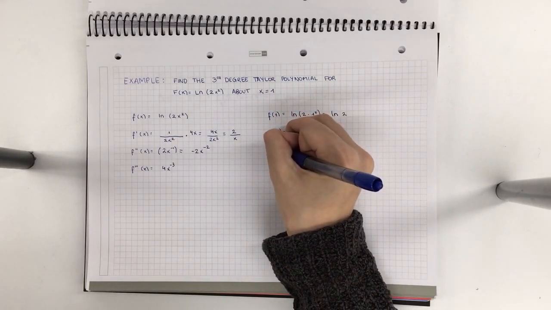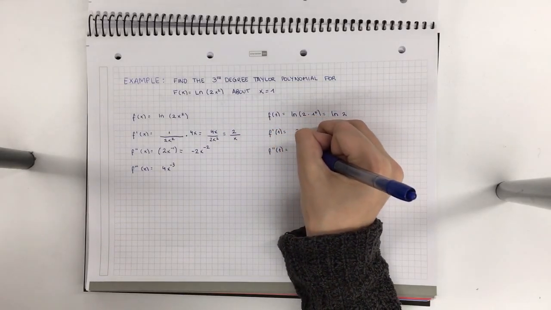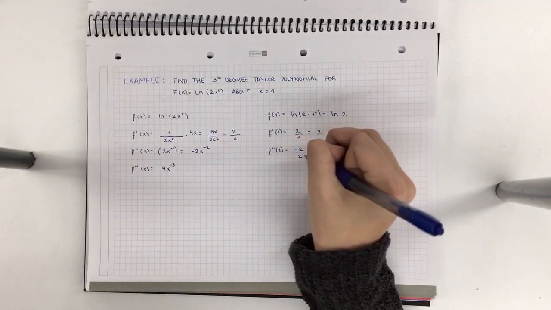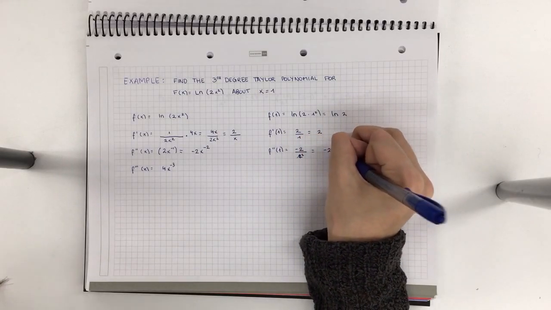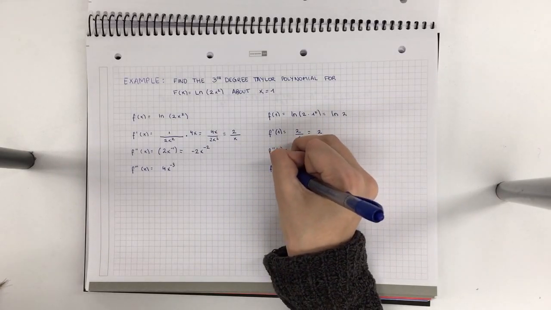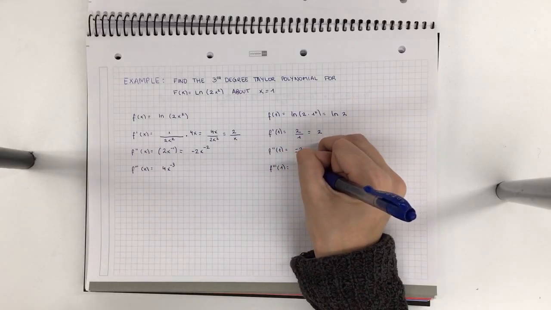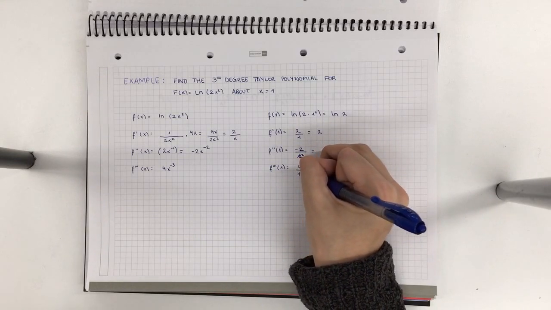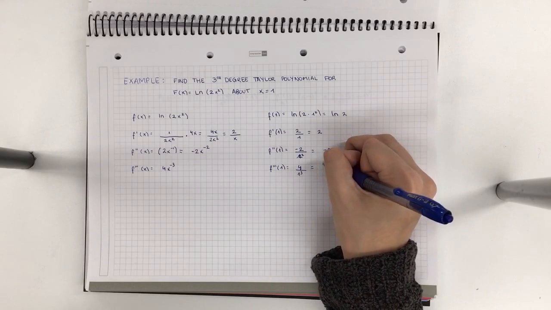Then we have the second derivative, which would be minus 2 over 1 squared, which would be minus 2. And then we have the third derivative at 1, which would be 4 over 1 to the power of 3, which would be 4.